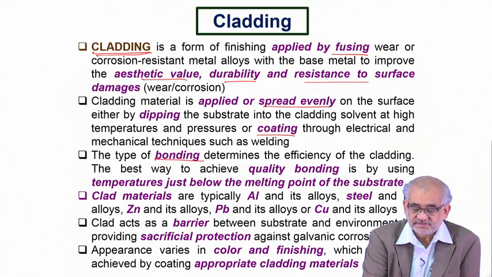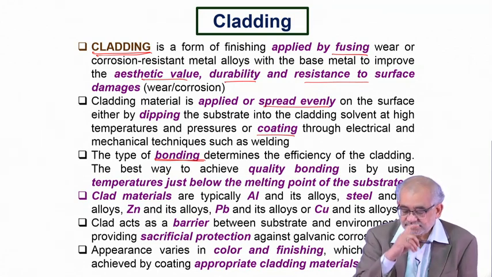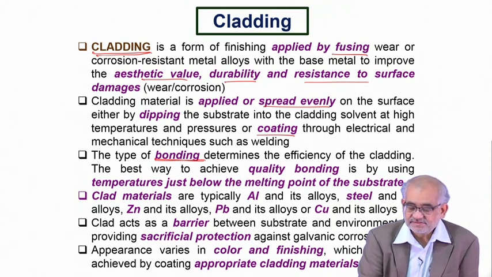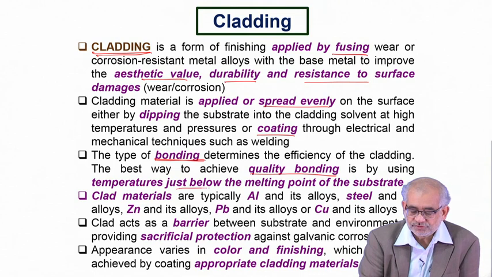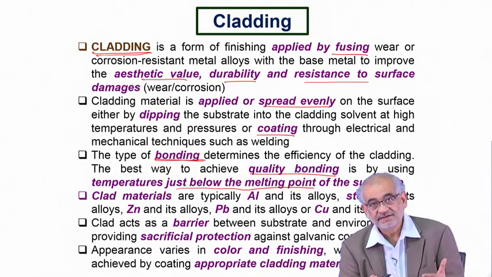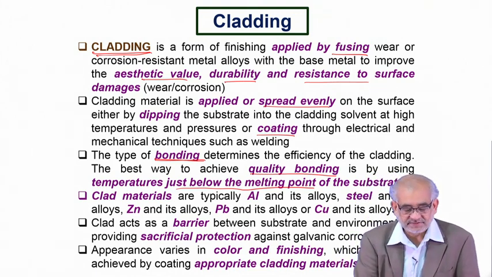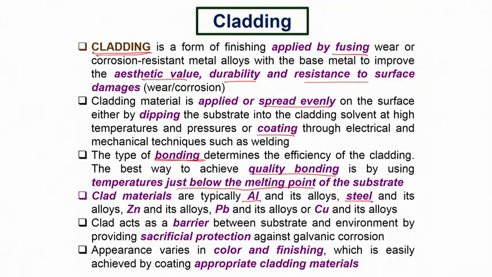What is very important is, since the material that we are going to overlay may have a different composition, the adherence, the bonding between the substrate and the coating is very important, and this is ensured by raising the temperature of the substrate not above but close to or just below the melting temperature, when the diffusion coefficient will be very high and the fusion bonding can form very easily. So this is how you can clad aluminium or steel, even various kinds of special steels, alloy steels, zinc, lead, copper, various kinds of metals are possible, and combinations of them.